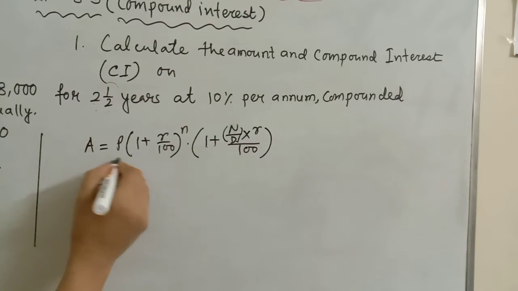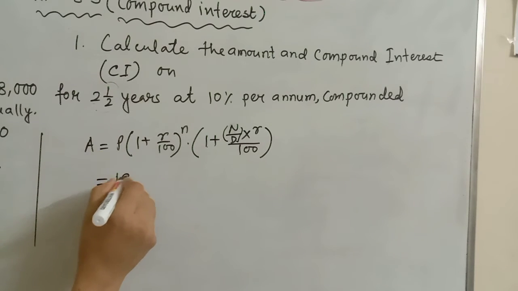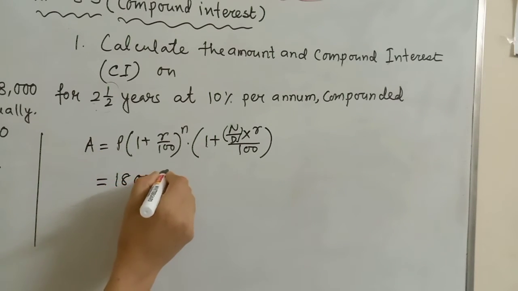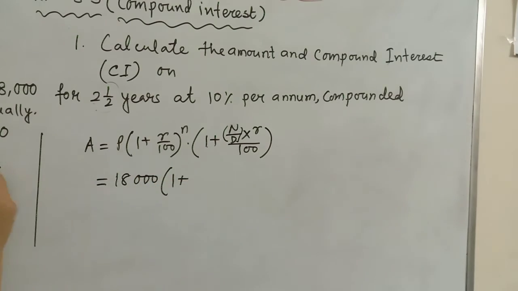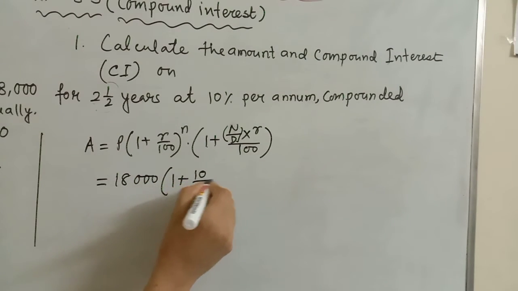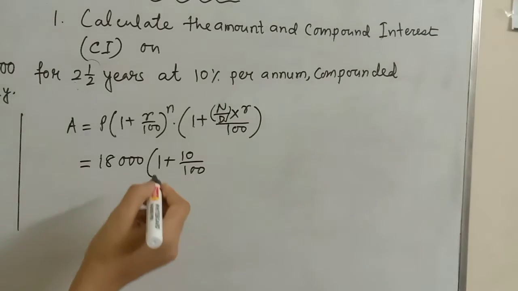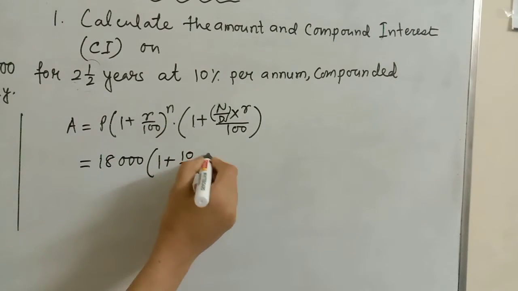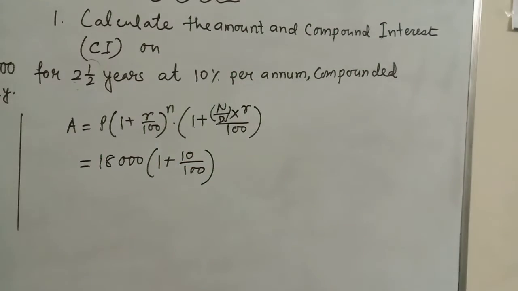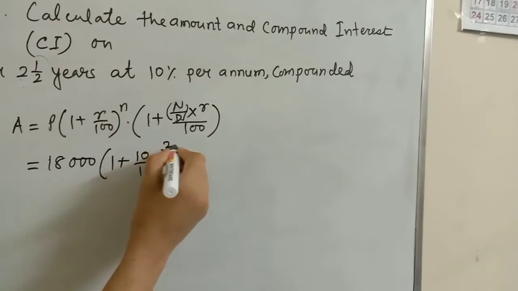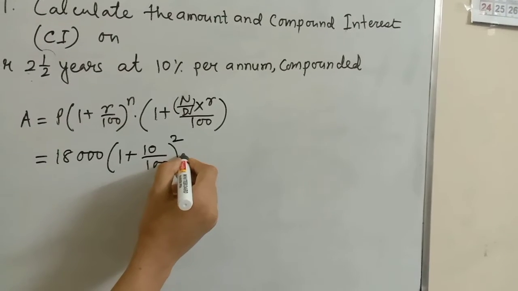Now you will substitute the P for principal here, 18,000 into 1 plus rate percent is 10, so 10 by 100, whole to the power 2 years. So I will write here, instead of n we will write 2.